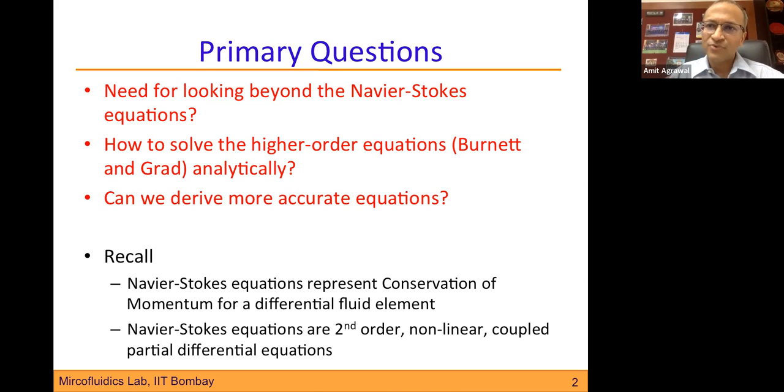And we'll see that, yes, there are ways, and we'll try to present some of the contributions that we have made in that regard. And then we will ask the question, is there something which is more accurate than these Burnett and Grad equations? And we'll try to, again, bring out the contributions that have come out from our group in this regard. So that's the overall plan that I have.